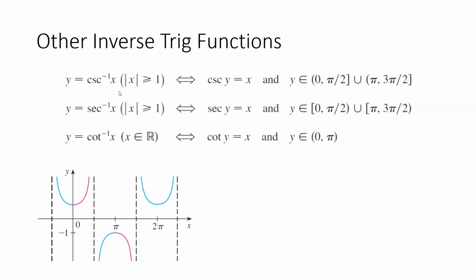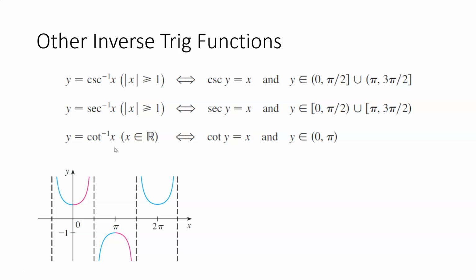And you can also see that we've done something very similar with the cosecant function, which is essentially the same interval, excluding the left endpoints and including the right endpoints instead.